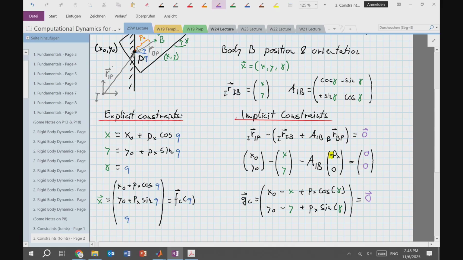And those two things mean exactly the same. They describe exactly the same constraint, simply in two different forms. In an implicit form, where I have this implicit equation, gc of x is 0. And in an explicit form, where fc of q gives me my position x. Which of these is better?